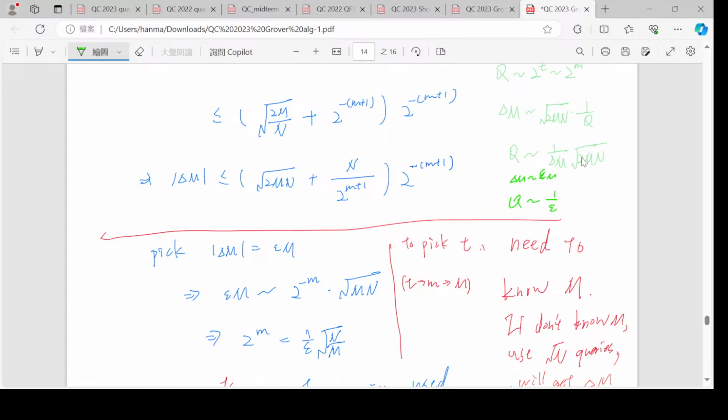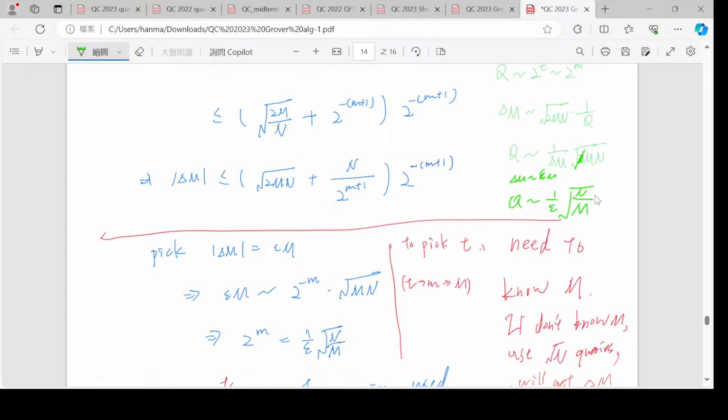Let's get rid of these two because it's extra and not needed. About 1 over epsilon, and then this 1 over n will cancel with this square root n, and so the number of queries is about 1 over epsilon times square root of n over n, as we can see.